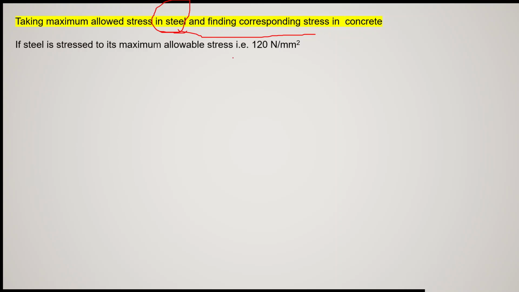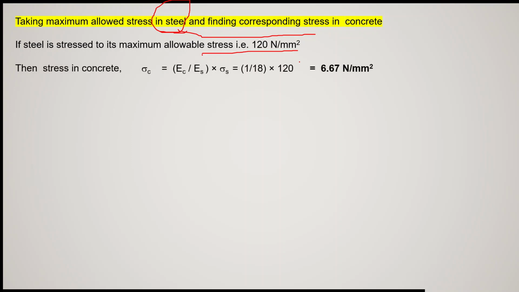Now, taking the maximum allowed stress in steel first, let us assume that this column is able to carry the maximum stress in steel. That means if the steel in the column reaches its maximum limit of stress, correspondingly what will be the stress in the concrete? So if steel is stressed to its maximum allowable stress, which is given in the numerical problem as 120 Newton per mm square, we have to find out correspondingly what will be the stress in concrete.